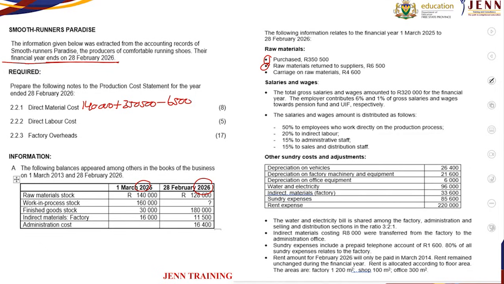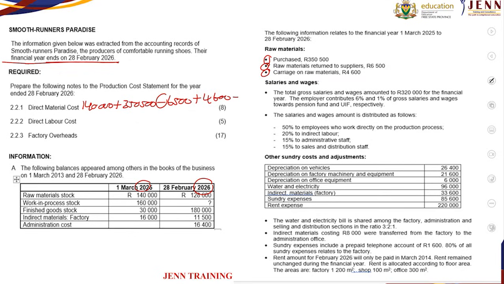Now we go to the third bullet. It says carriage on raw material 4.6. So we are going to say plus 4.6. Now it becomes easy for you because we have done it before. And then now we only have to subtract what? Because there are no returns. In fact, yes, in this one, we do have returns. In the previous one, we did not have any returns. Now we subtract the closing balance.